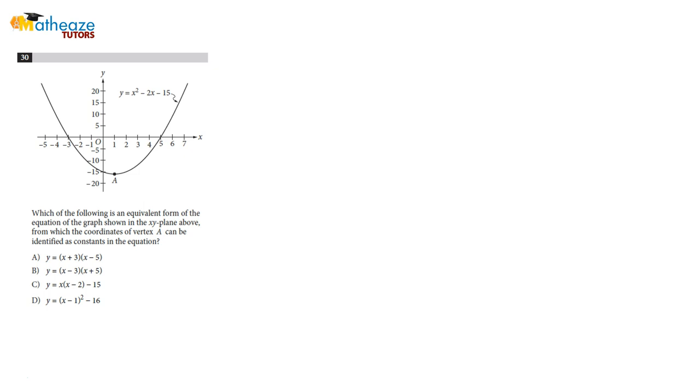Number 30, which of the following is an equivalent form of the equation of the graph shown in the xy plane above, from which the coordinates of vertex A can be identified as constants in the equation? Now let's look for the coordinates of vertex A. The coordinates are going to be 1 and -16. So we're going to look for an answer in this format: a times x minus 1 squared minus 16.